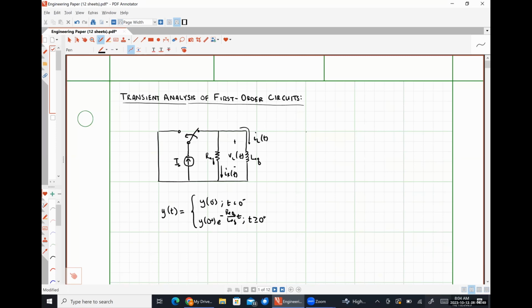Then we took a look at circuits containing capacitors, where we broke things down as a single equivalent capacitance.